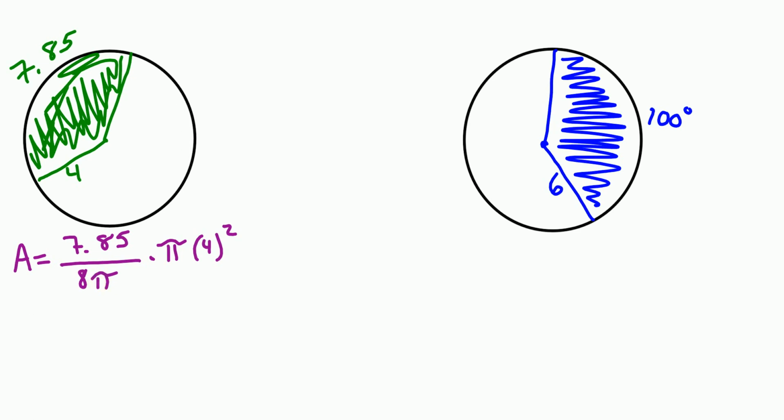Okay, remember the pi's cancel. So I'm given 7.85 over 8 times 16. Okay, so that is about 15.7.